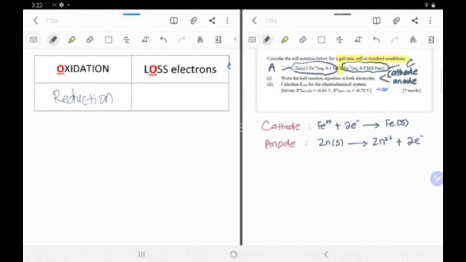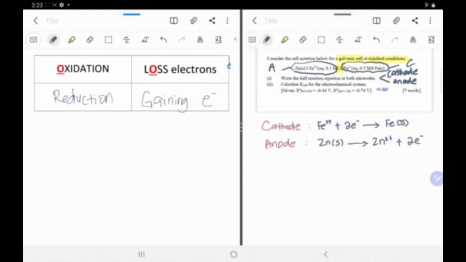The opposite of losing electrons is gaining electrons. Let me just put e-. That is the only tip I can give so that you can remember which electrode is going to gain or lose electrons.